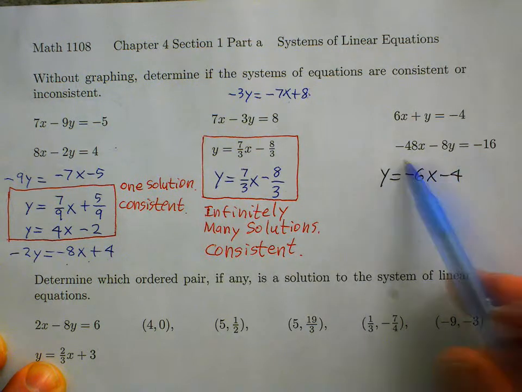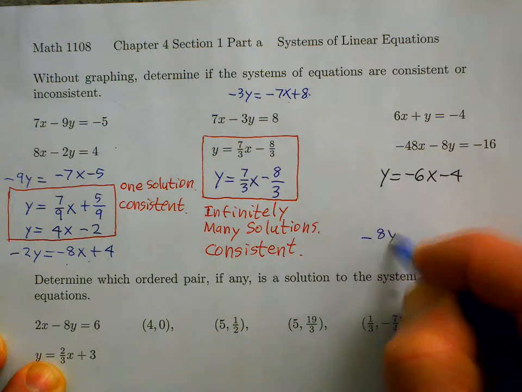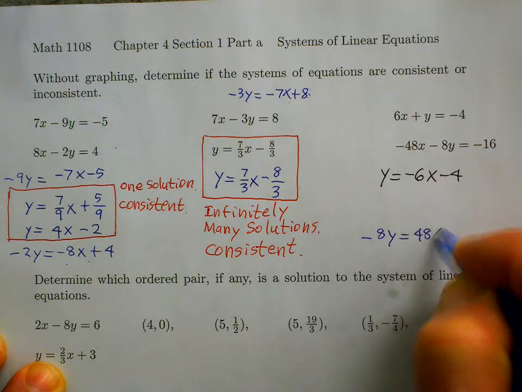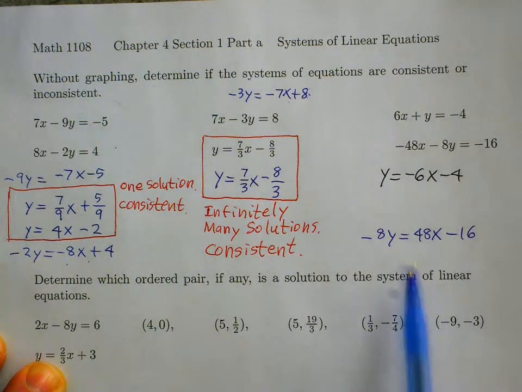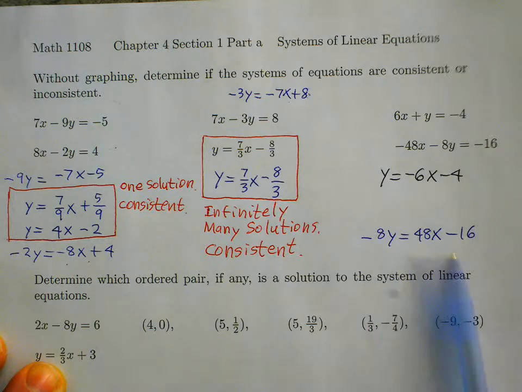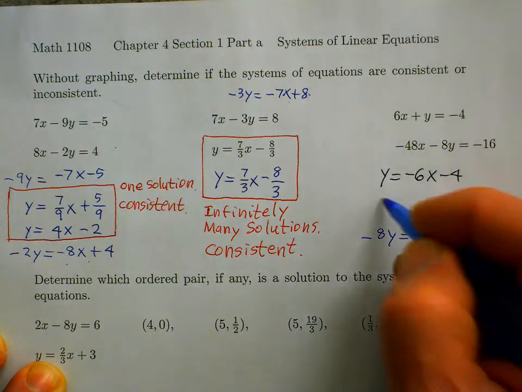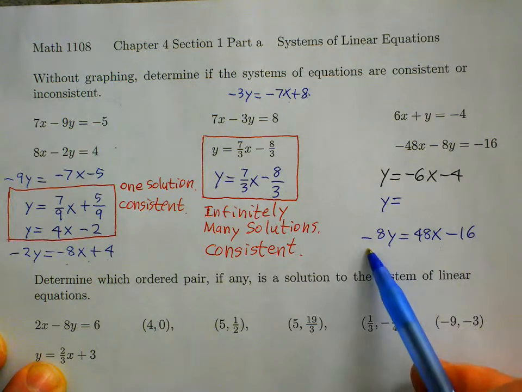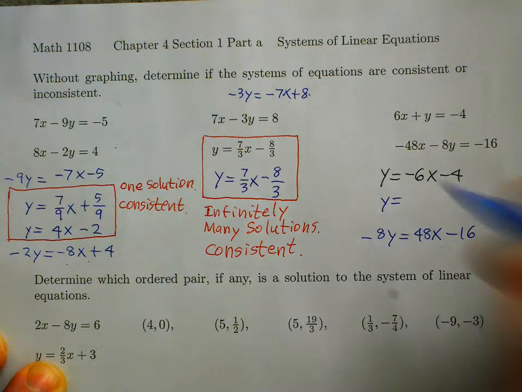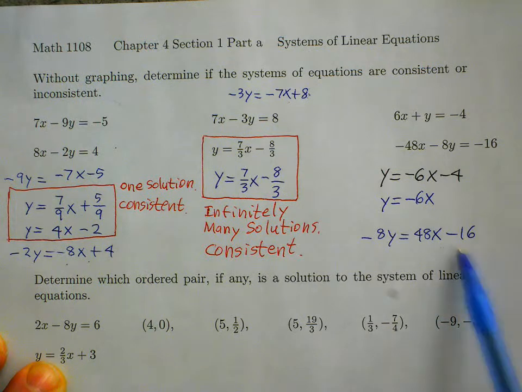First, add 48x to both sides, so we get negative 8y equals 48x minus 16. Then divide every term on both sides by negative 8. Negative 8y divided by negative 8 is y, 48x divided by negative 8 is negative 6x, and negative 16 divided by negative 8 is positive 2.